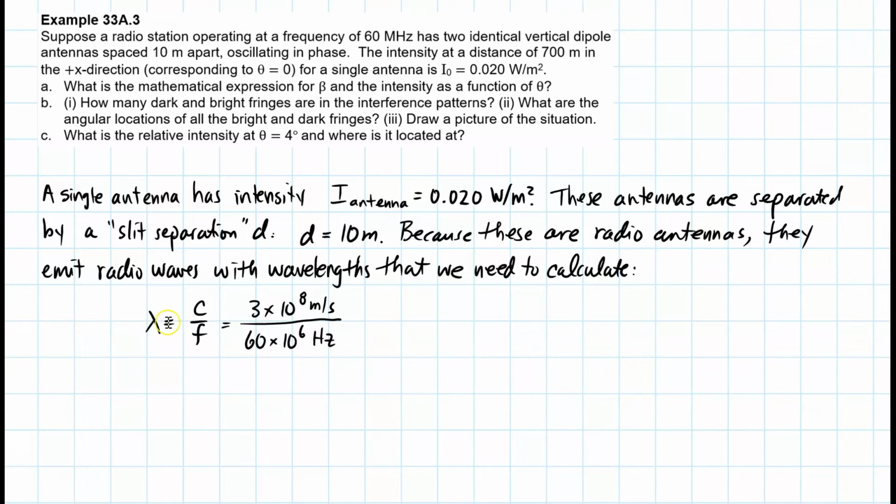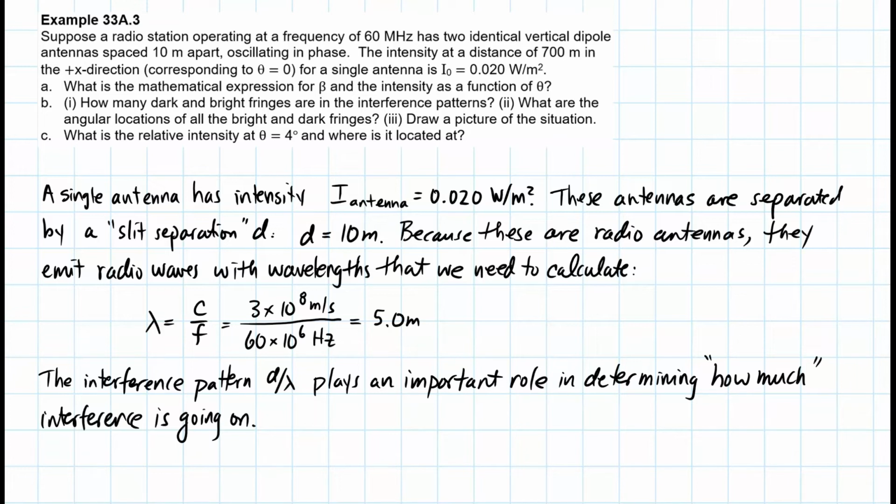The wavelength is equal to the speed of light divided by the frequency, the speed of light being 3 times 10 to the 8 meters per second, and the frequency of the antenna is 60 megahertz, or 60 times 10 to the 6 hertz, which tells us that the wavelength is equal to 5 meters. The interference parameter d over lambda plays an important role in determining how much interference is going on when two sources are interfering. In this example, d over lambda is equal to 2.